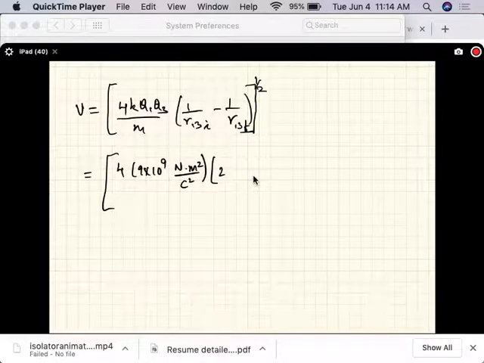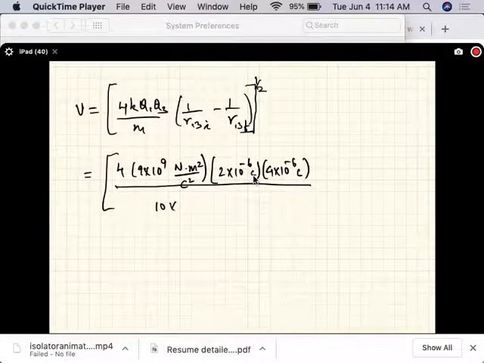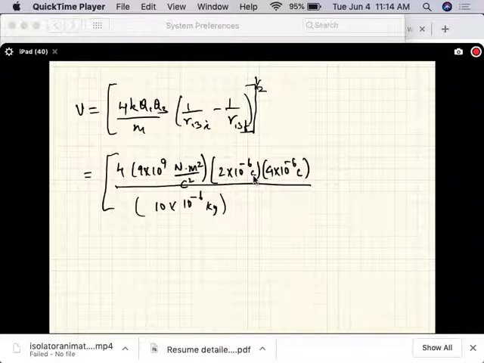Q1 is 2 microcoulombs. Q3 is 4 microcoulombs. M is 10 milligrams. A milligram is 10 to the minus 6 kgs.